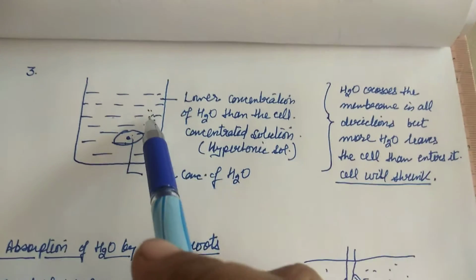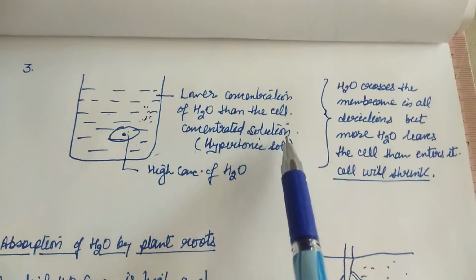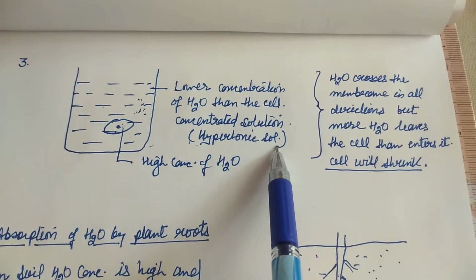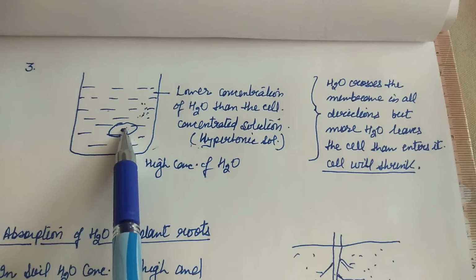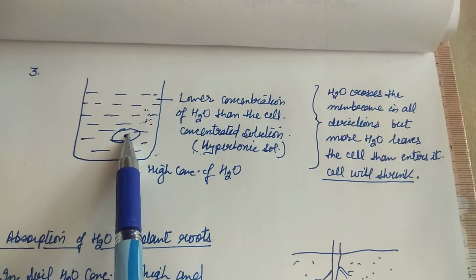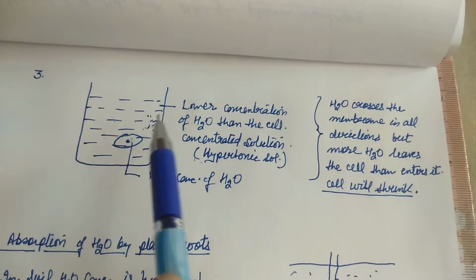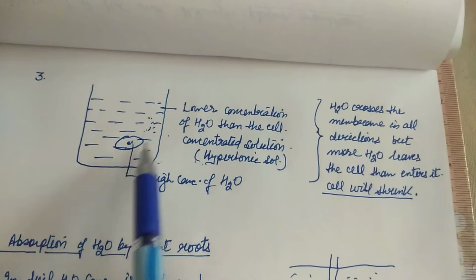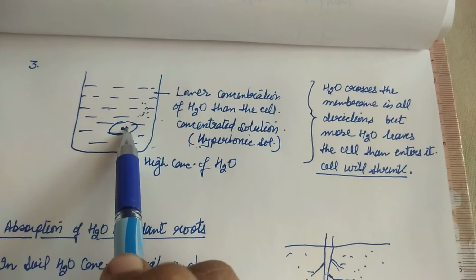So the concentration of water molecules is less. Such a solution we call a hypertonic solution. And in the cell the concentration of water is more. So what will be the net movement of water from high concentration to low concentration? Where is the high concentration? The high concentration is in the cell.